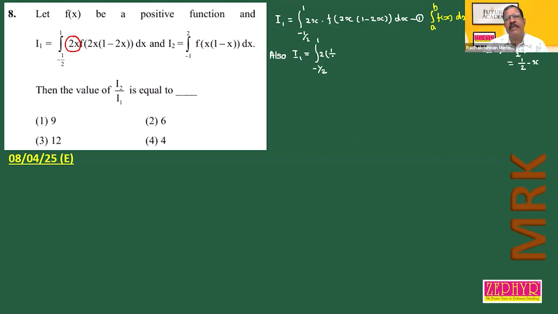Wherever x is there, I am writing 1 by 2 minus x. f of 2 into, instead of x, I am writing 1 by 2 minus x. Next into 1 minus 2 into, in the place of x, I am writing 1 by 2 minus x.